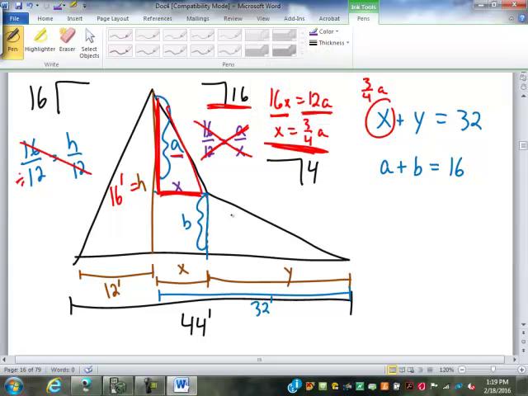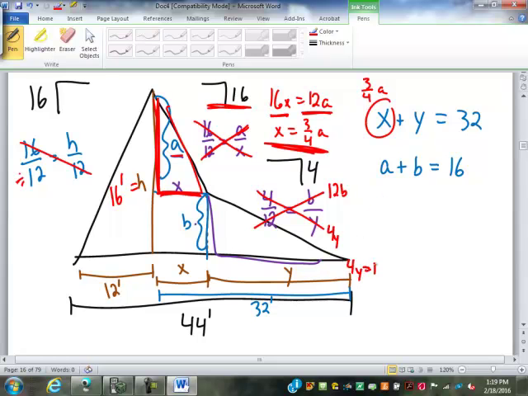Now down here, this is a 4/12 slope, right? 4 over 12. What's the rise on that triangle? b is the rise and y is the run. Very good. So if I multiply 4 times y is 4y. 12 times b is 12b.